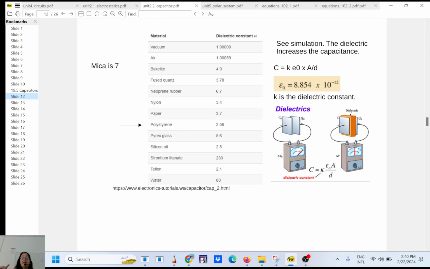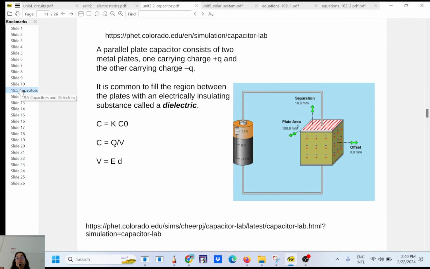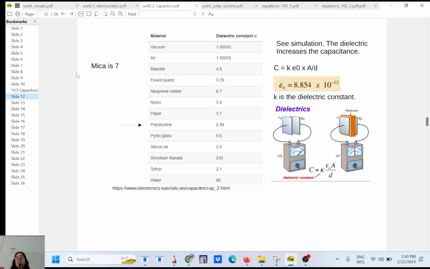So just by shoving a dielectric between the plates, you enhance the capacitance. And it's always done this way because otherwise, how can you hold it up? You don't want those two plates to touch each other, otherwise the capacitor is going to discharge. So you always have a layer of non-conducting material, right?